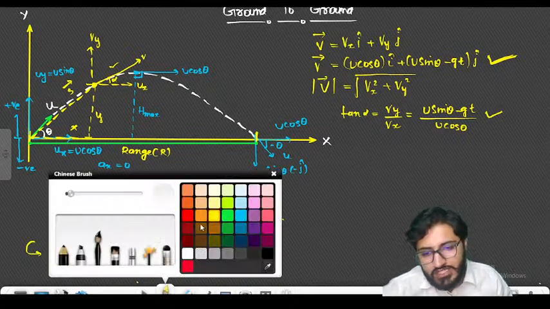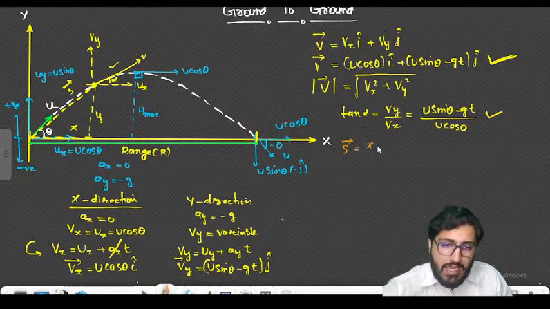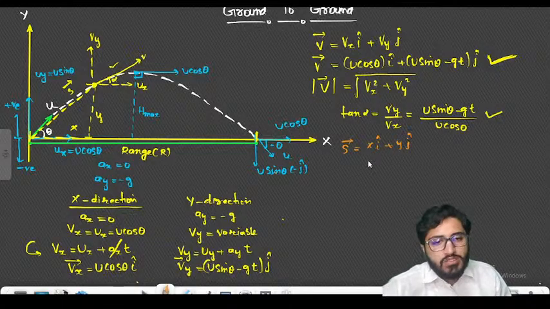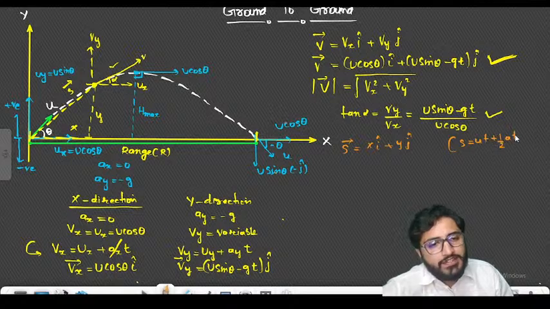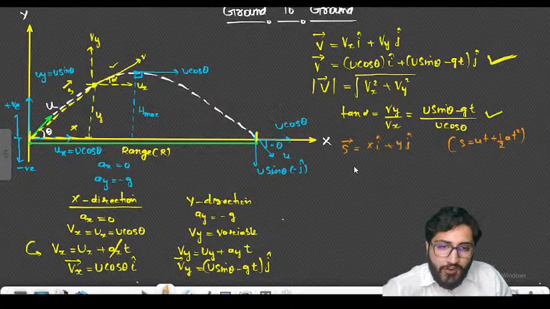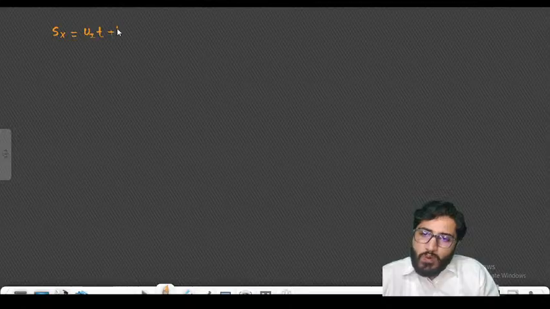I will change the color for displacement now. Displacement will be delta x in the i direction plus y in the j direction. So what is displacement? I guess we know now, s equals ut plus 1/2 at square. Yes, sir, we know it. Look, for the x-axis, sx equals uxt plus 1/2 axt square.